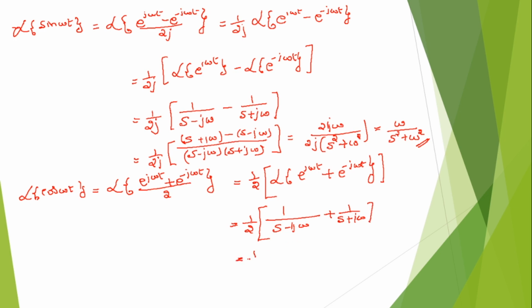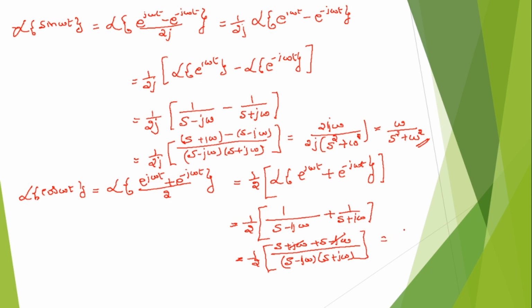So while doing so, 1 by 2, s minus j omega into s plus j omega in the denominator, and in the numerator s plus j omega plus s minus j omega. So j omega gets cancelled.